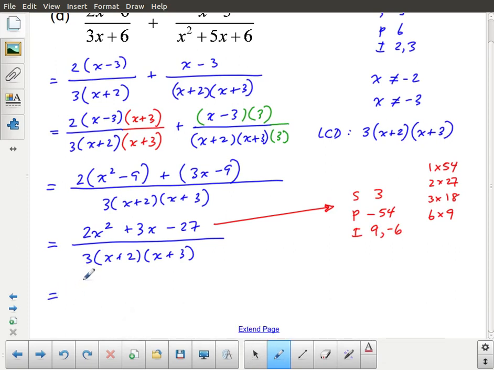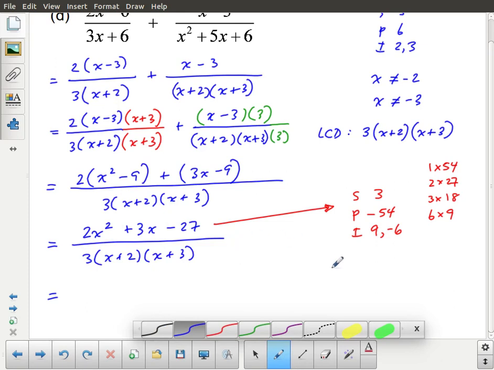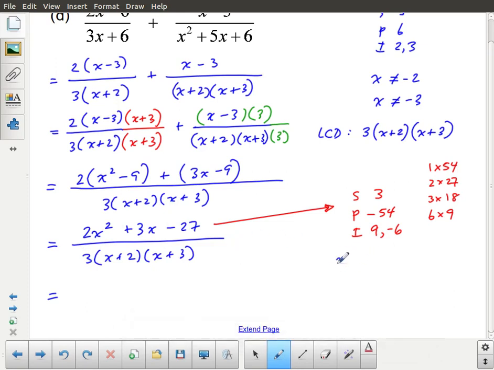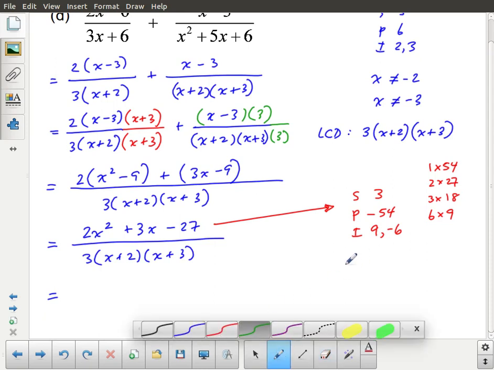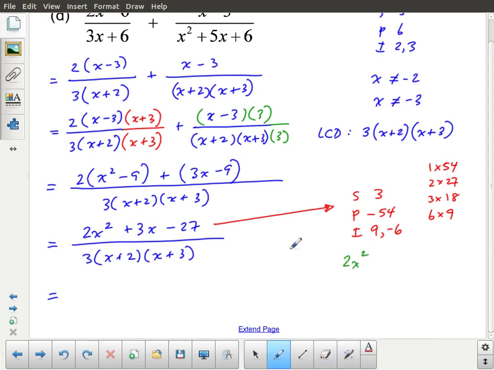So that is equal to, and you might want to, because it gets quite tedious to write out these fractions over fractions over fractions, there is certainly nothing wrong with doing this factoring as your rough work. So 2x squared, and instead of 3x, I'm going to write that as plus 9x minus 6x minus 27.